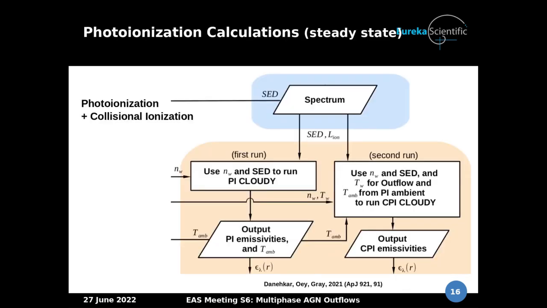And I also did photoionization calculations. Here I show a schematic view of how I implement the photoionization calculation. I use density and temperature from the hydrodynamic simulations, and ionization state calculated by Cloudy.